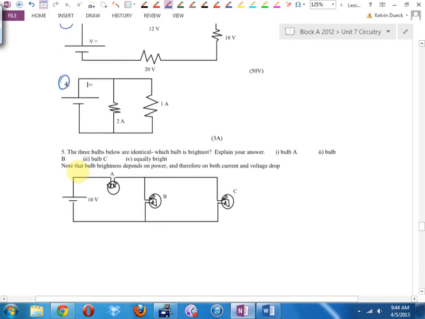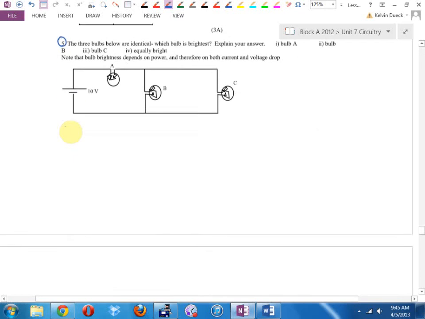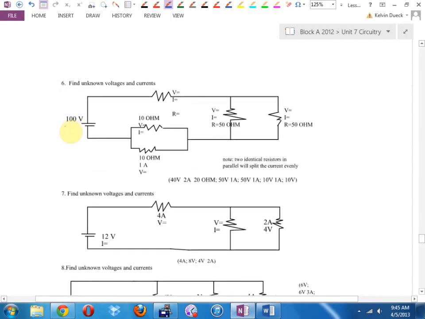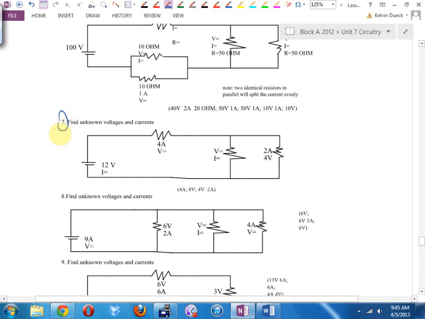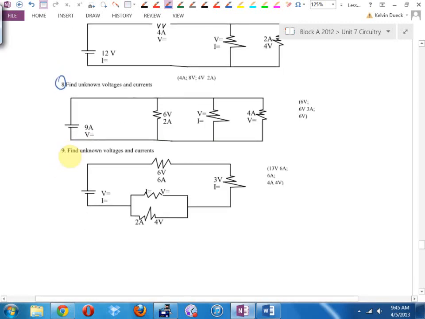Number 4 is good. 5, there's a more challenging light bulb question, but I've tried to model for you how I would approach solving these. Six is good. 7 is good. 8 is good. Just do it.